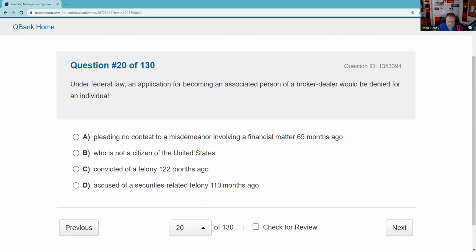I should have been able to eliminate, you have to be a citizen. Convicted of a felony 122 months ago, accused of a securities-related felony 110 months ago. And so what this question is getting at is this idea of 10 years, right? So 10 years would be 120 months, so again, I think this is kind of a stupid question. The answer is A.